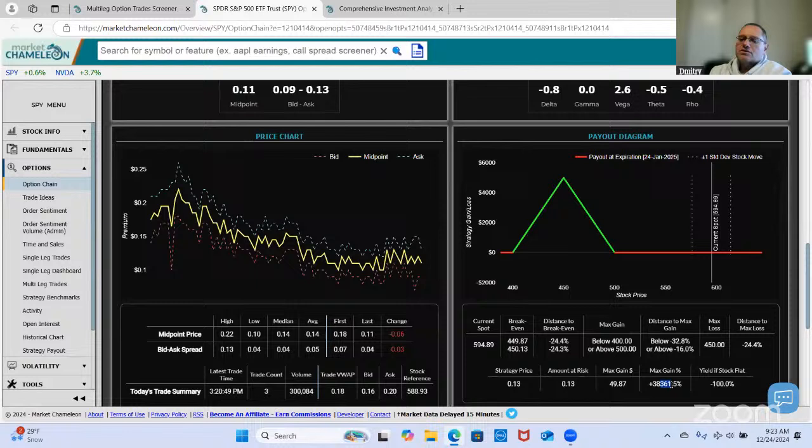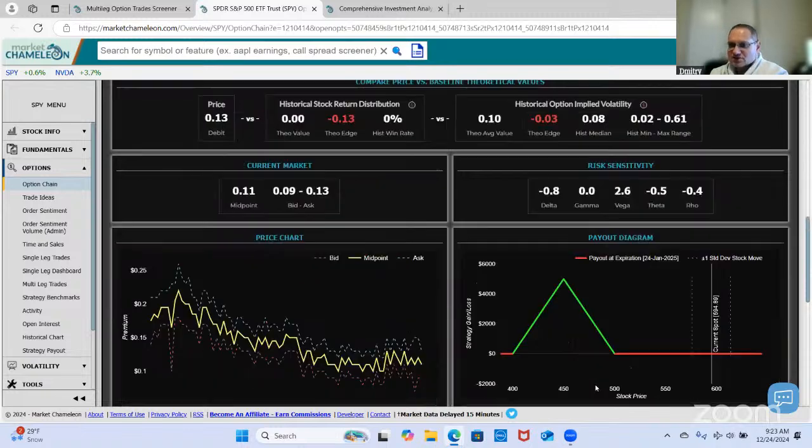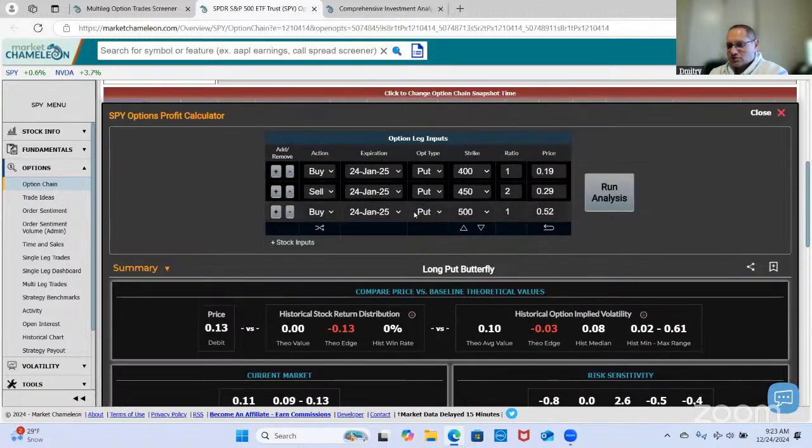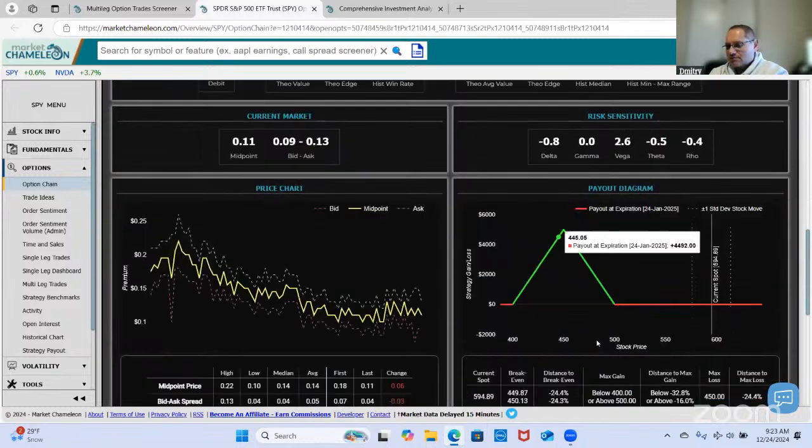What is that? 3,836 or 38,000%, something like that. Why? Because something that you paid 13 cents, 18 cents for would be worth $50, because the difference between the 500 put and the 450 put is $50. So that would be a tremendous payoff if you got that right.